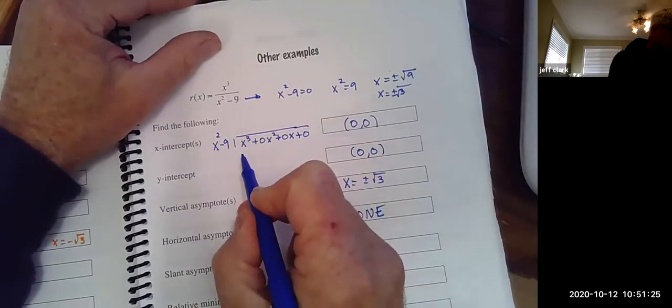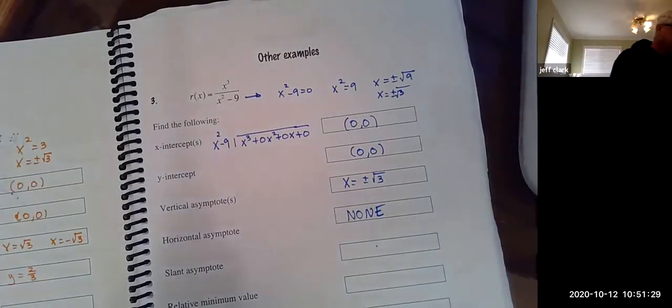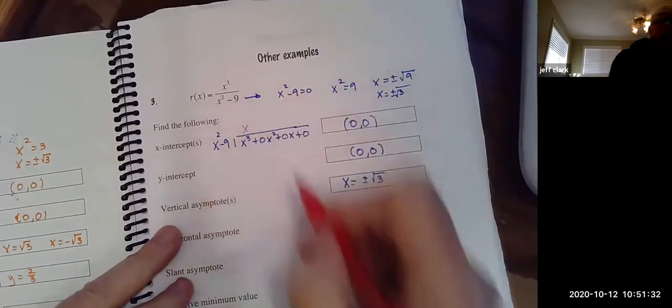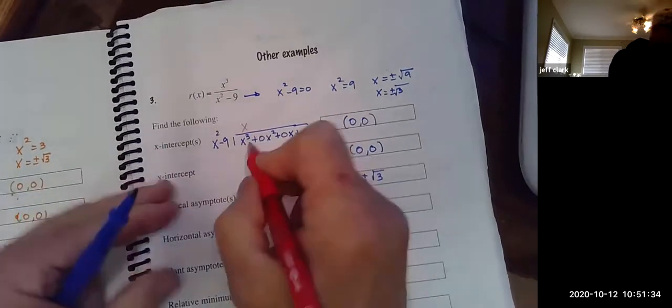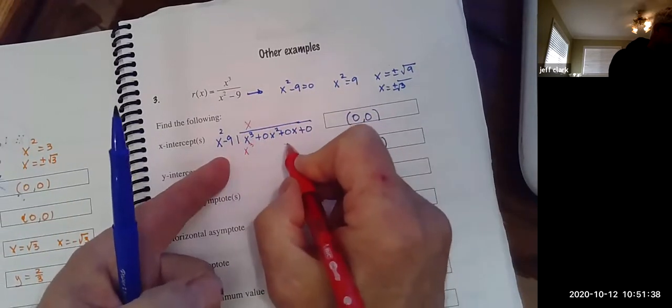So I need an x here, which gives me my x cubed. And x times negative 9 is negative 9x over here.